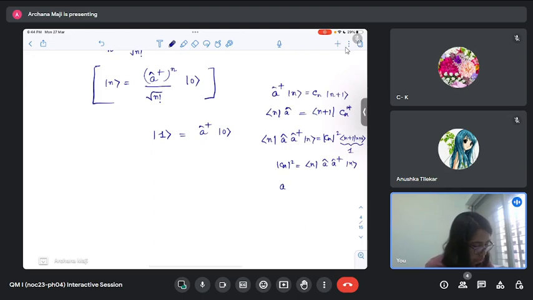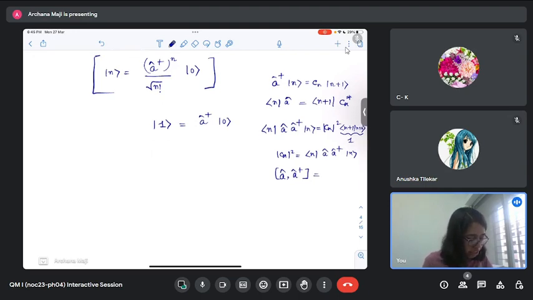then we know the commutation bracket between the annihilation and creation operator, that is 1. The commutator of a and a dagger is 1, so a a dagger is nothing but 1 plus a dagger a. So if we replace that, we get mod Cn square equal to bra n, 1 plus a dagger a, ket n. But what is a dagger a?